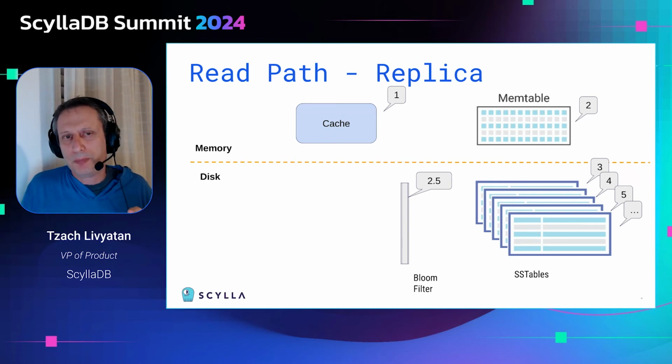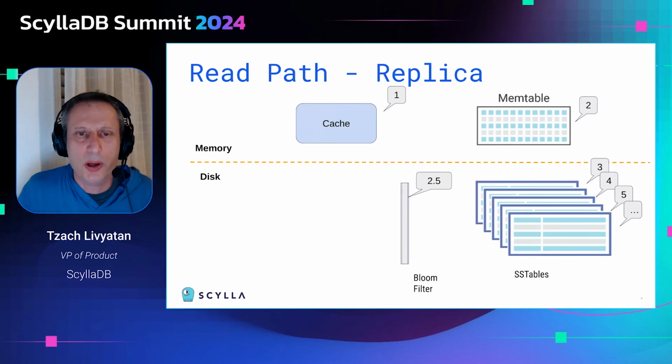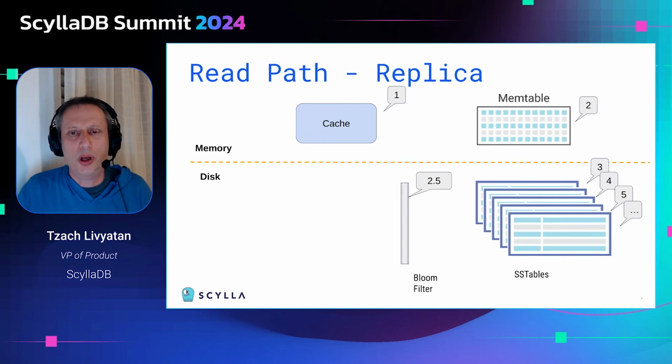As you can see, read is slightly more complex than write and has slightly higher latency. It's still usually sub-millisecond, but it's a more complex operation from Scylla's perspective. There are many mechanisms like Bloom filters and indexes to optimize that. I won't touch on it in this session.